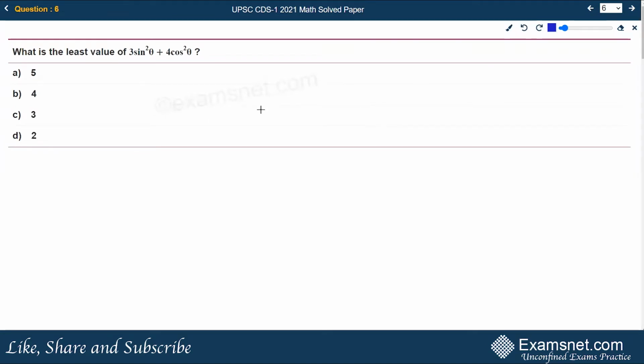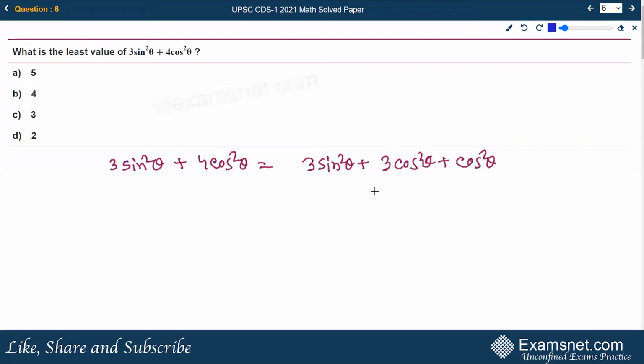In question number 6, we are given with what is the least value of 3 sine squared theta plus 4 cos squared theta. So let me write it first. 3 sine squared theta plus 4 cos squared theta. I can break this 4 cos squared theta as 3 cos squared theta plus cos squared theta.